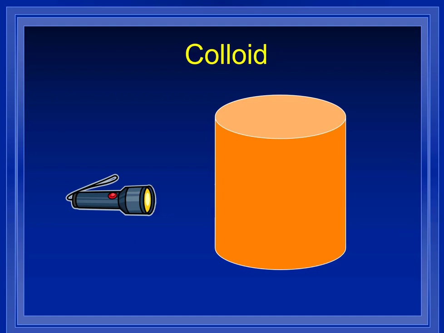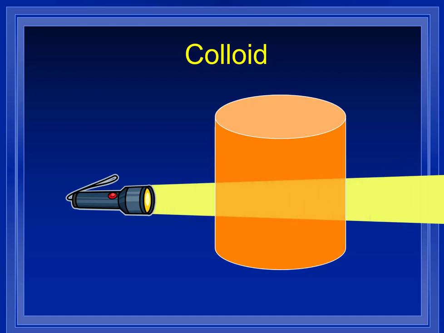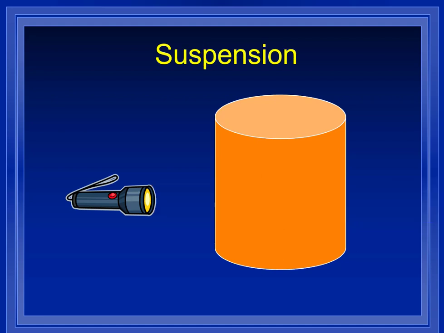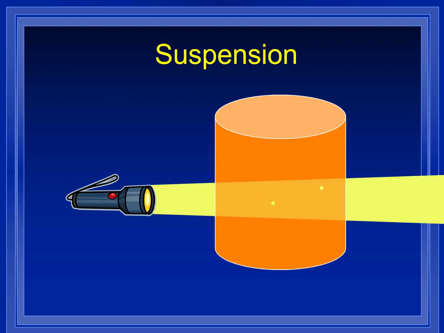Colloid, you're going to see the continuous beam, like looking at a car from the side at night in the fog. And a suspension, there's probably still going to be some small particles there, right? But then there's going to be big ones that are going to sparkle.